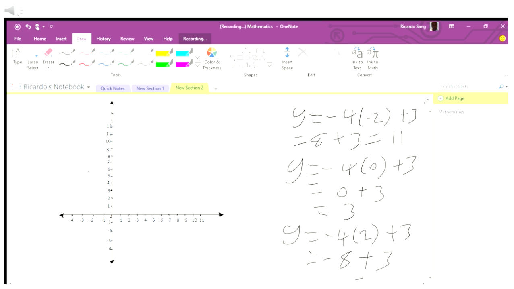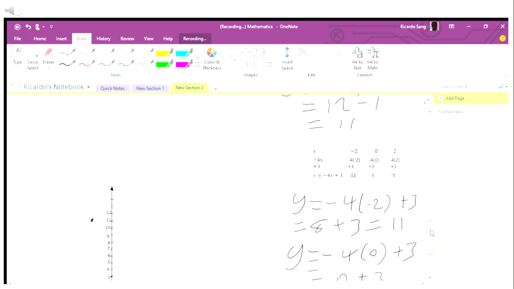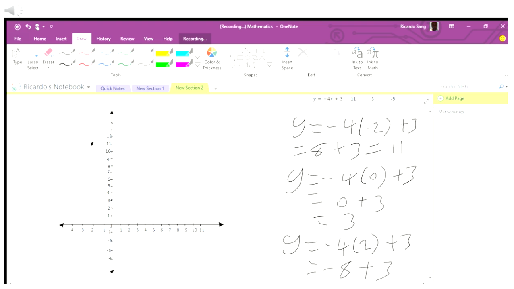You go all the way up to 11. And that's the first point. And the next point is 0 and 3. When x is 0, y is 3. So this is the next point right here, and this line right here is at here.